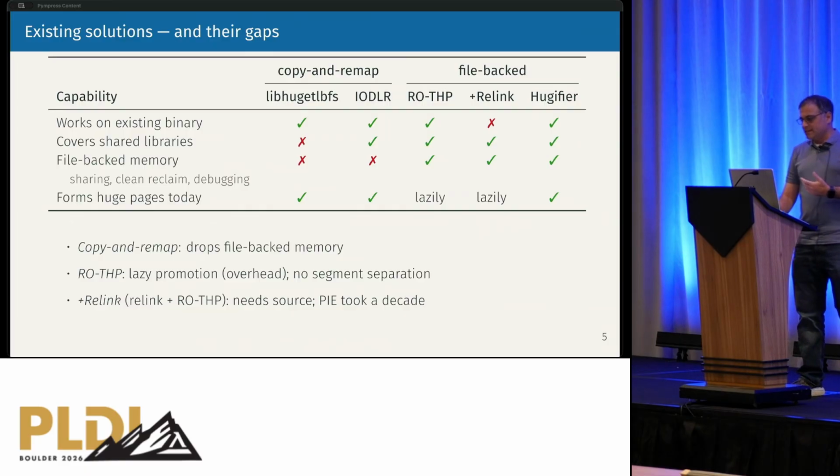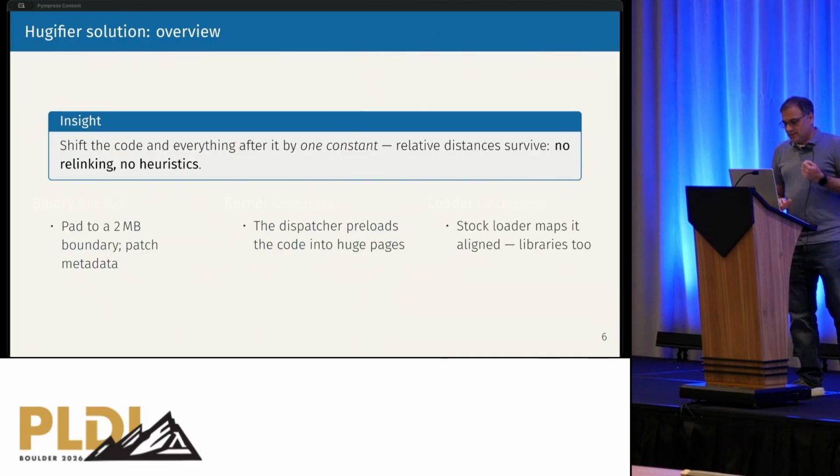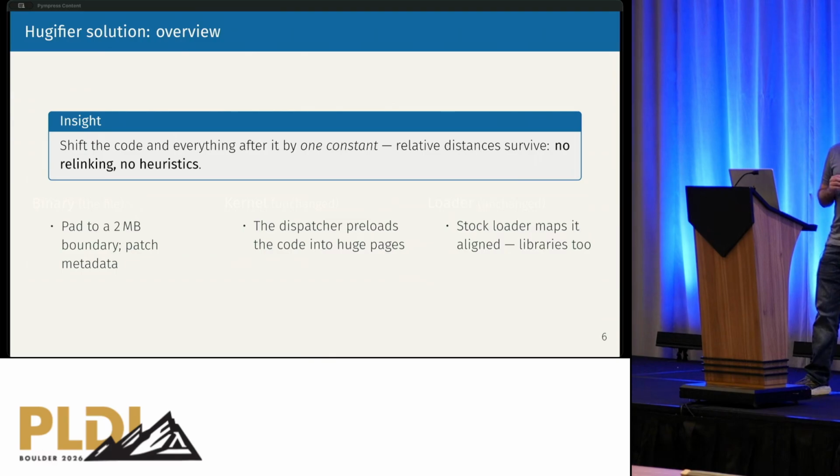So we wanted a solution that can be deployed today and does not require relinking, and we have something like that. The insight is that although we cannot move segments without relinking, we can shift memory, we can shift part of the executable. And if we shift the right part, we can do so without knowing anything about the executable other than the standard ELF layout.